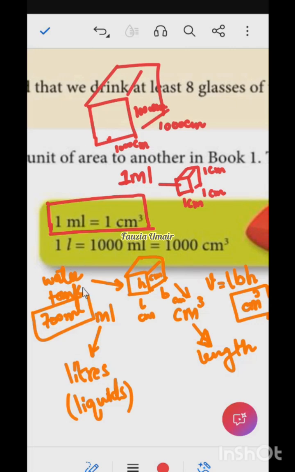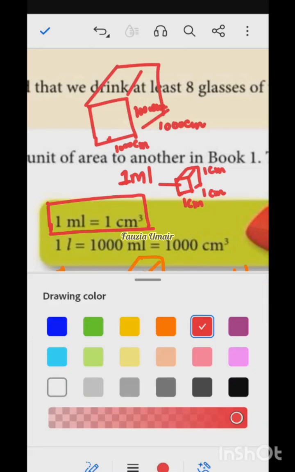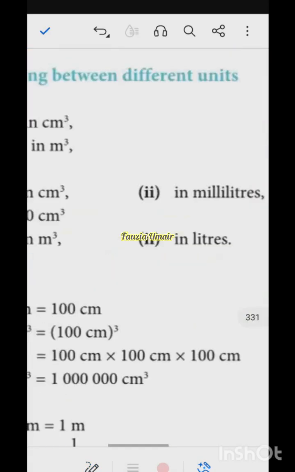You need to remember this relation. 1 milliliter is equal to 1 cubic centimeter and 1 liter is equal to 1000 cubic centimeter. Okay? We will be using this relation in question number 1 and 2 of the exercise.